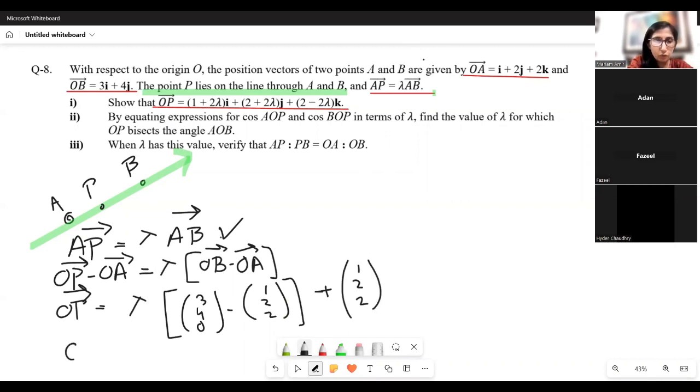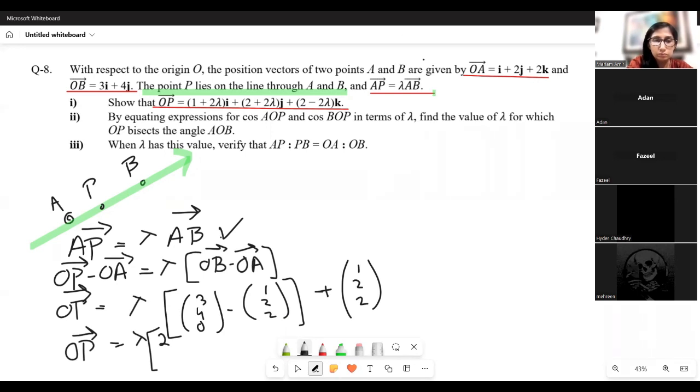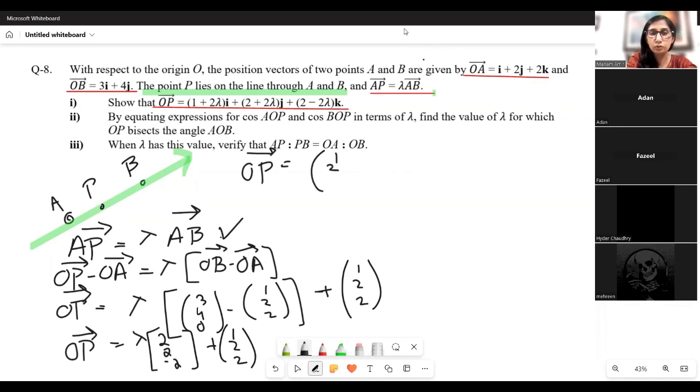Okay, so we have OP equals lambda times, subtracting this, we get 2, 2 and minus 2, and we have plus (1, 2, 2). So OP equals (1, 2, 2) plus lambda times (2, 2, minus 2).